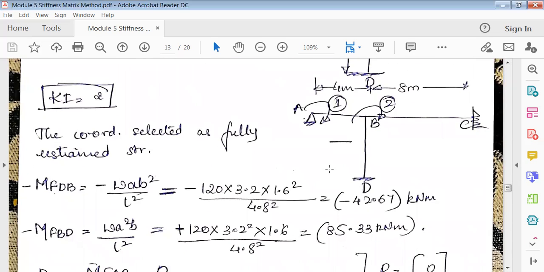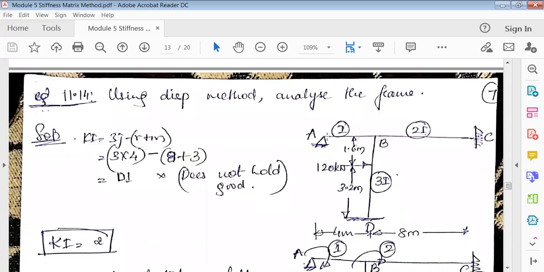the fixed end moments. Here, in AB there is no load, and in BC also no load. There is only load in BD.